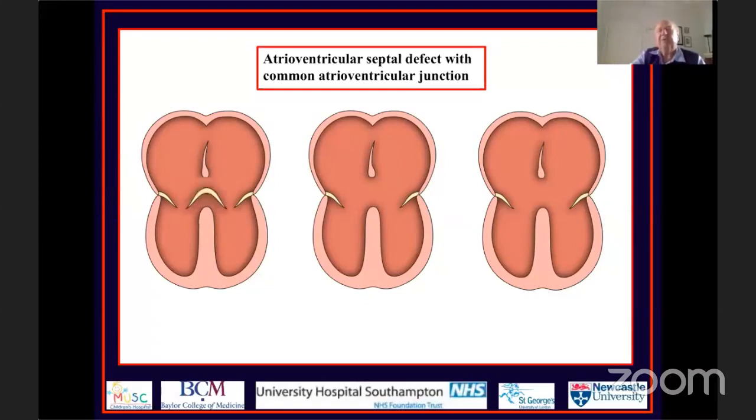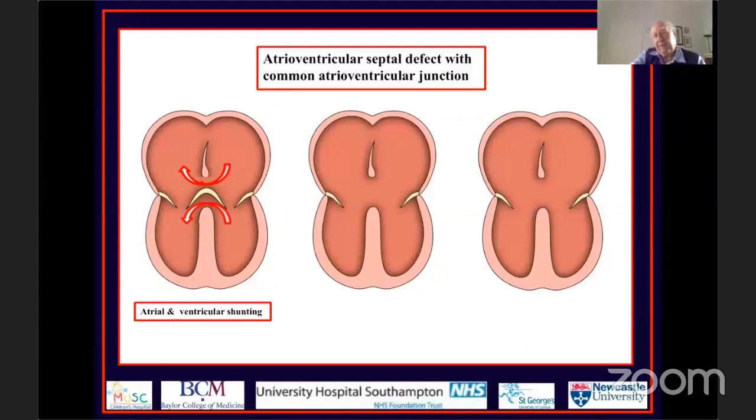So let's start by taking the commonest situation in which the bridging leaflets of the common atrioventricular valve float within the atrioventricular septal defect. And then, as you all know, when we have such floating, there is the potential for shunting through the atrioventricular septal defect at both atrial and ventricular level. And when we have atrial and ventricular shunting, many of you still call this a so-called complete defect.